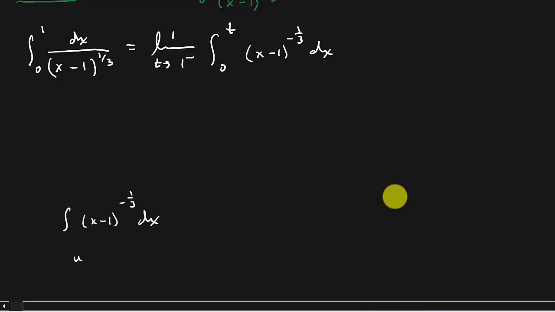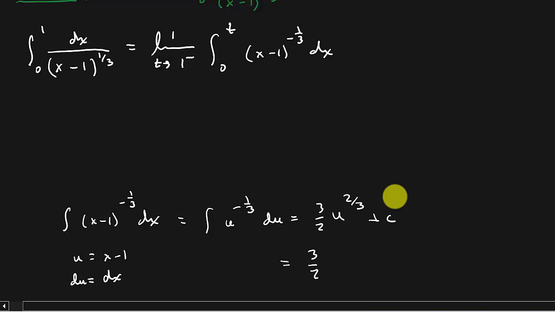Well, you let u equal x minus 1, du is dx, and so that's going to be the integral u to the negative 1/3 du, which is equal to u to the 2/3, and then that would be 3/2 plus c, so that would be 3/2 x minus 1 to the 2/3 plus c.